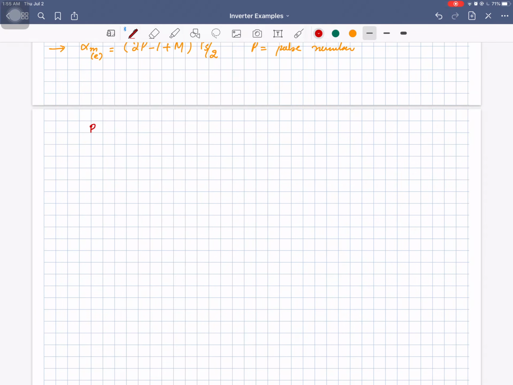So Bn is given as the sum for m equal to 1 to p, where this small p is indicating the number of pulses per half cycle, of 4 Vs by n pi into sine of n del by 2, where del is the width of the pulse, into sine of n alpha m, the starting angle of the pulse, plus del by 2.